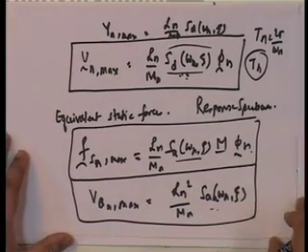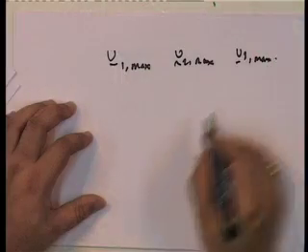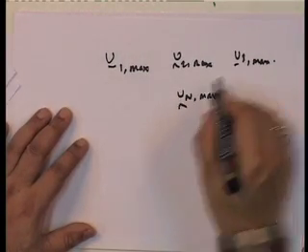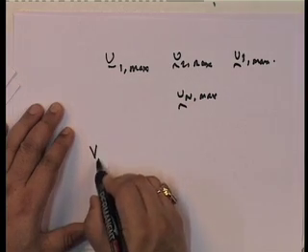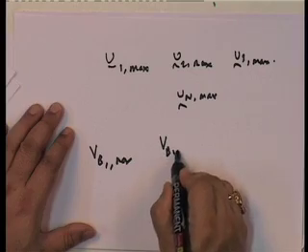Ultimately, what we have here is that I'm calculating V1 max, V2 max, V3 max, and so on up to Vn max, or VB1 max, VB2 max.